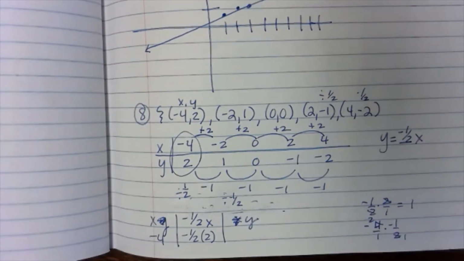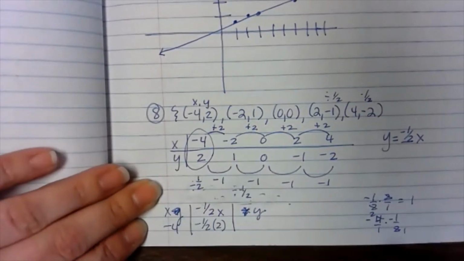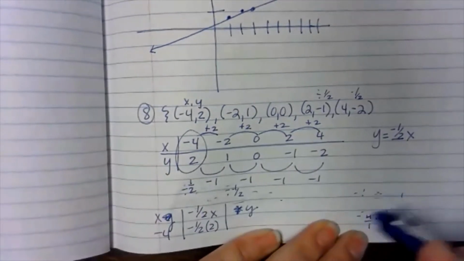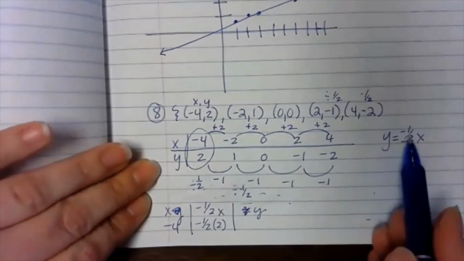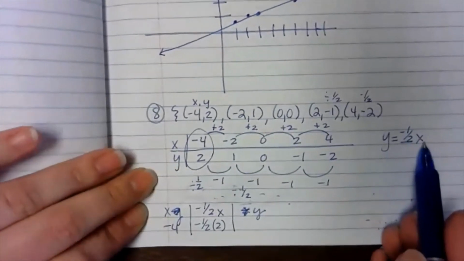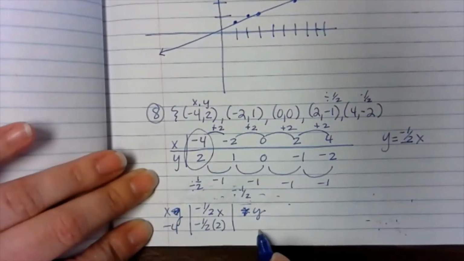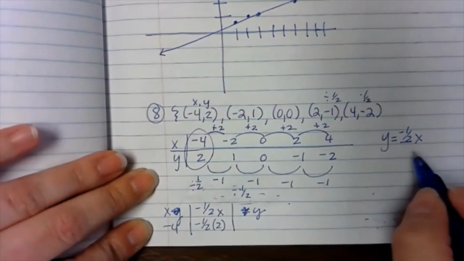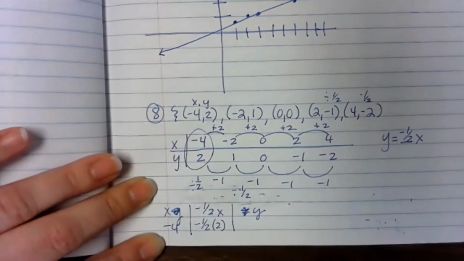Good. Okay, so sorry, I was just correcting. I'm looking at it backwards, which is why it wasn't coming out. So what you'll want to do is plug in. If we multiply -1/2 times the x, we should get the correct y.